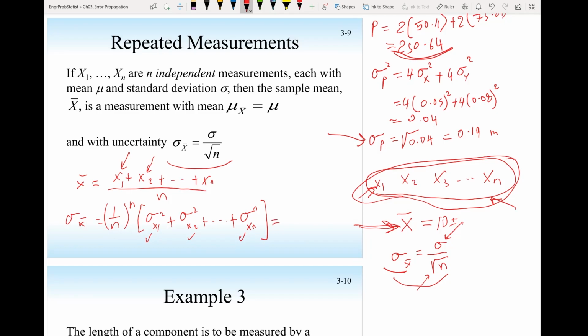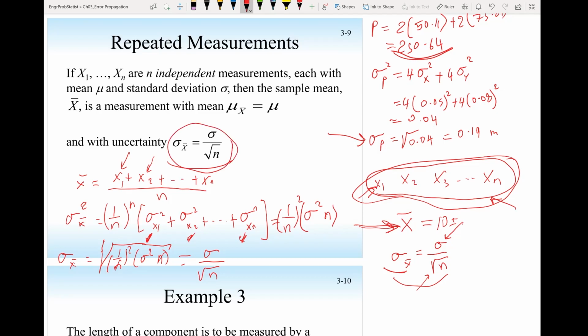So this is just 1 over n squared times the variance of the instrument, and there are n of them, so times n. That's the variance. Then the standard deviation of x bar will be the square root of this. The n will cancel one of these n, so you will have the standard deviation divided by the square root of n. So the more measurements, the lower your random error.